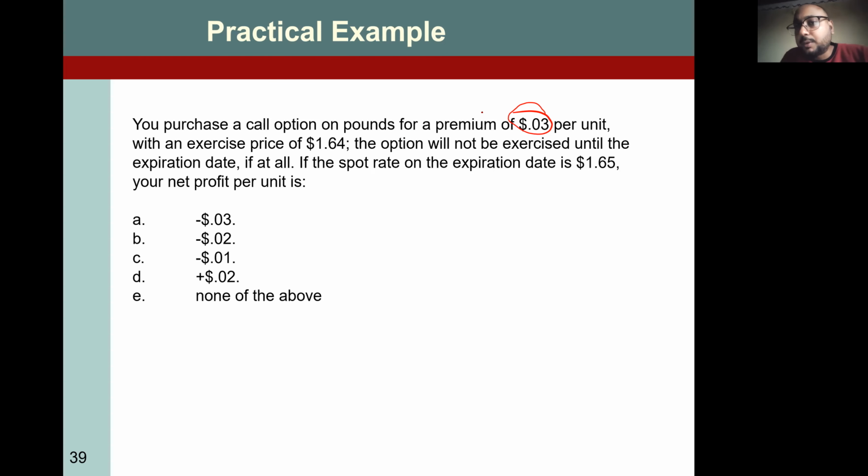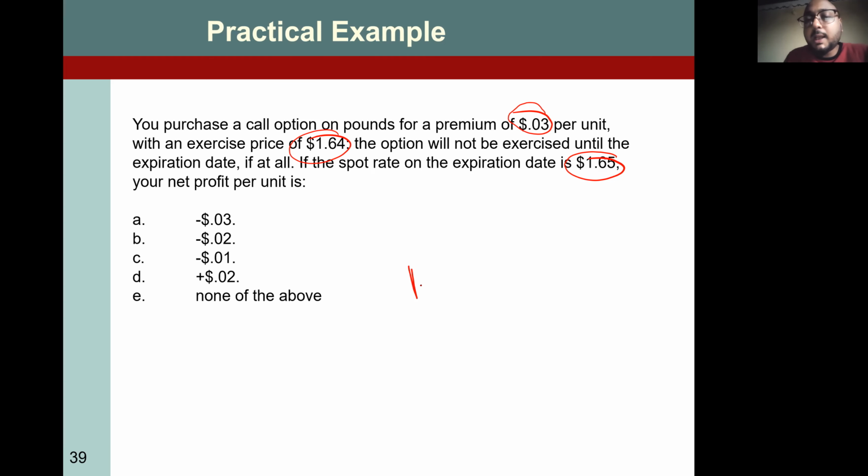The option will not be exercised until the expiration date, which means this is European style. If the spot rate on the expiration date is 1.65, what is your net profit?